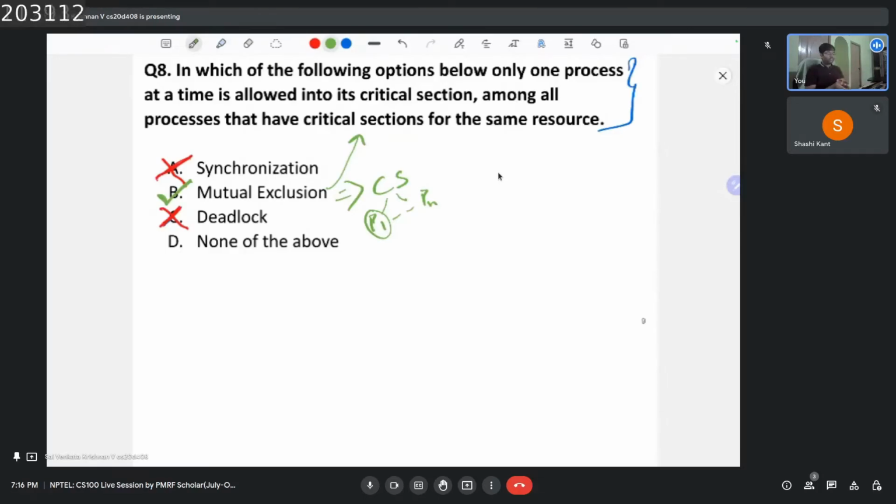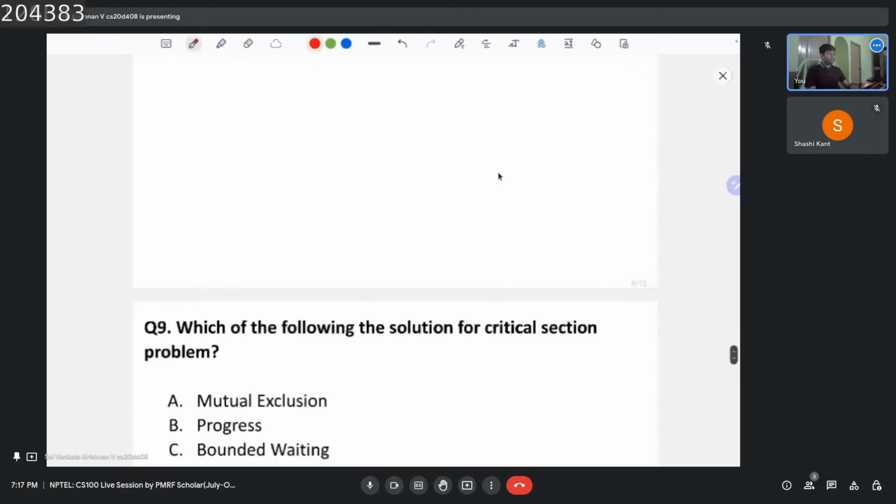So the mutual exclusion principle is applied to solve the synchronization problem. So option B is the correct answer. The other options are wrong. Any doubts in question 8? Right. If not, we'll move to the ninth question.